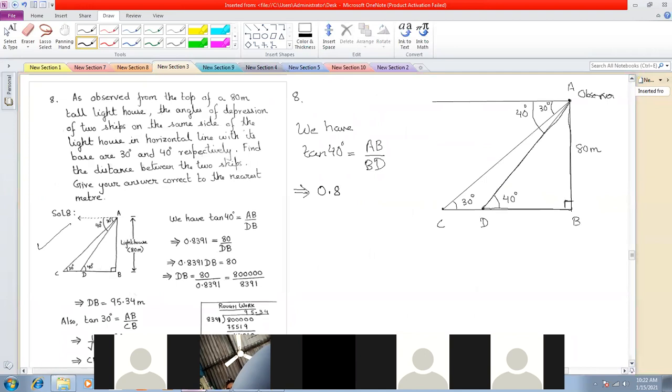So coming back, 0.8391. We know the length of AB or the height of the lighthouse to be 80 divided by BD.